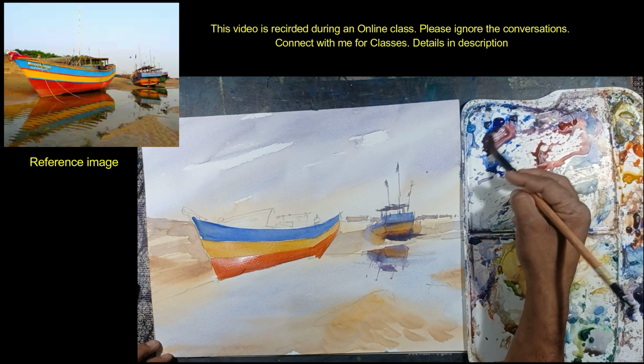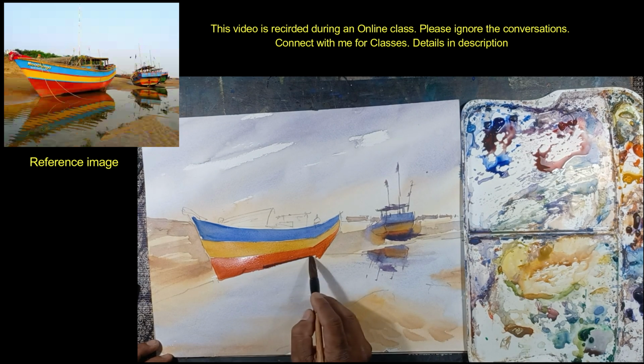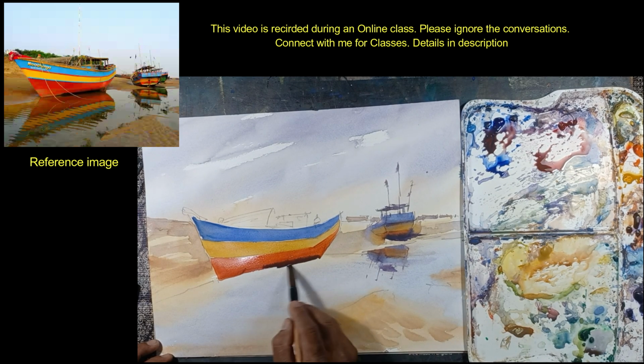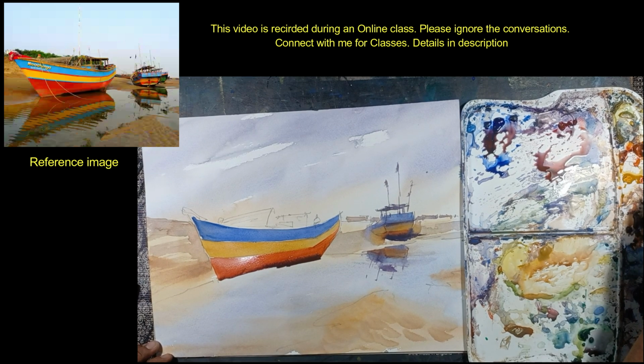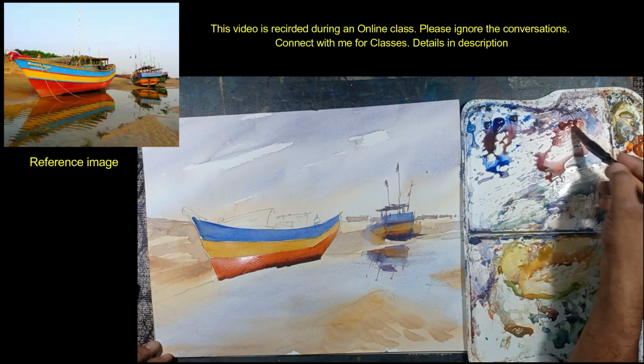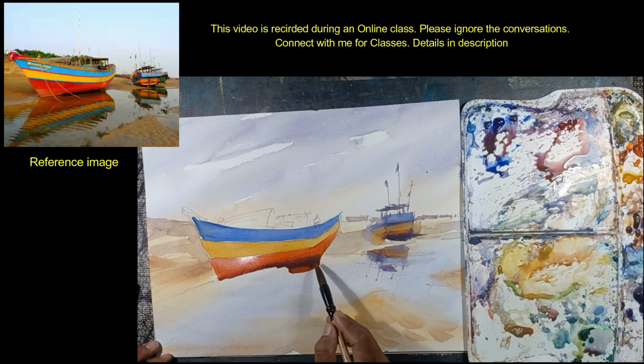So I'm mixing a bit of blue and crimson for this portion where the shadow is, where it is very dark. And then again we will go back to the same orange and crimson color we used here, but in the opposite direction, because this is now the reflection.